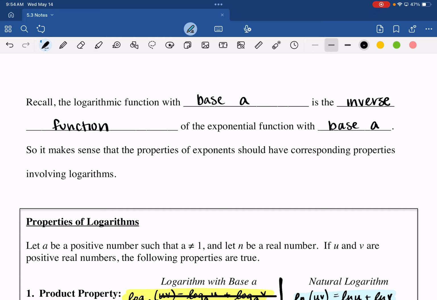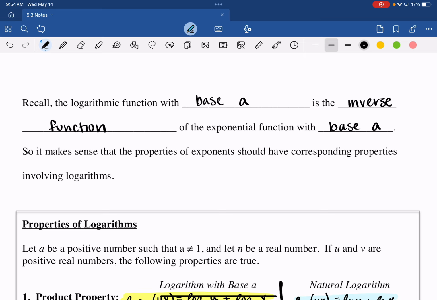All right, go ahead, copy this down up top. It just says, recall the logarithmic function with base A is the inverse function of the exponential, which we talked about on the last page. All that's saying is log base A is the inverse of this.